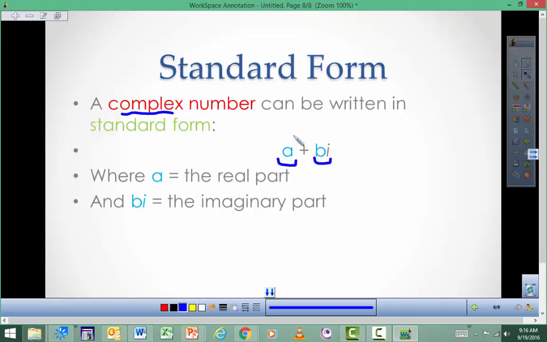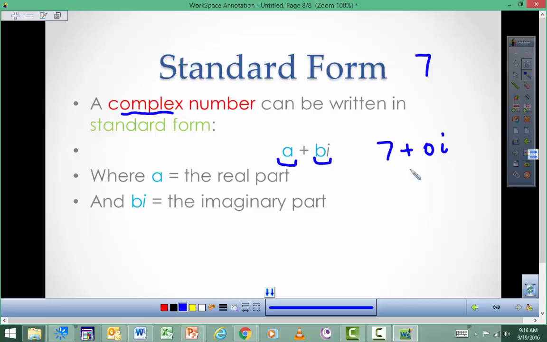Now, here's the thing then. Every real number can be written as a complex number. Like 7. 7 is a real number, right? Well, if we wanted to write 7 as a complex number, we could write it like this: 7 plus 0i. You see?